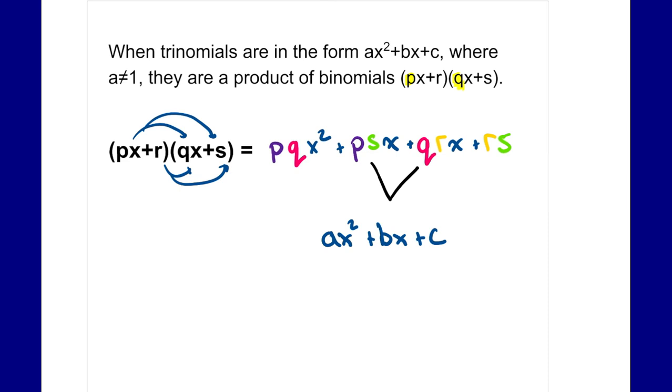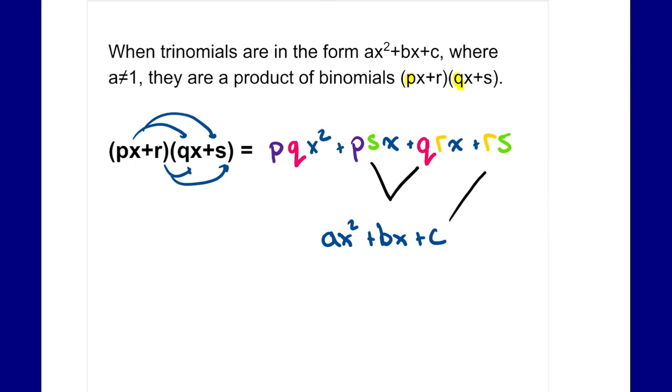So that means ps and qr have to add up to give us b, and rs is going to give us our c value. Now it's a little bit different though, because how do I get p and s and q and r? It's a little bit more complex than what we've seen.